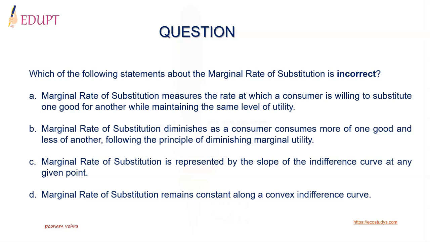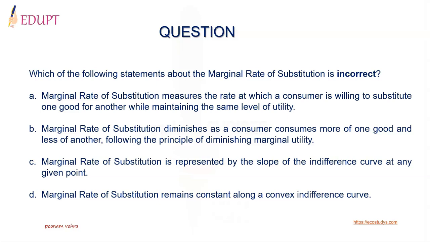I will read it for you. A. Marginal rate of substitution measures the rate at which a consumer is willing to substitute one good for another while maintaining the same level of utility. B. Marginal rate of substitution diminishes as the consumer consumes more of one good and less of another, following the principle of diminishing marginal utility.